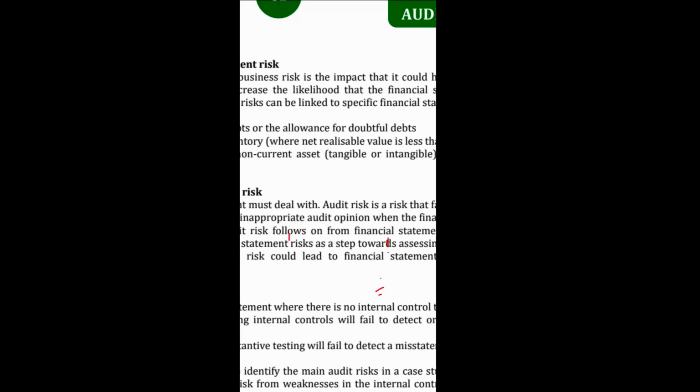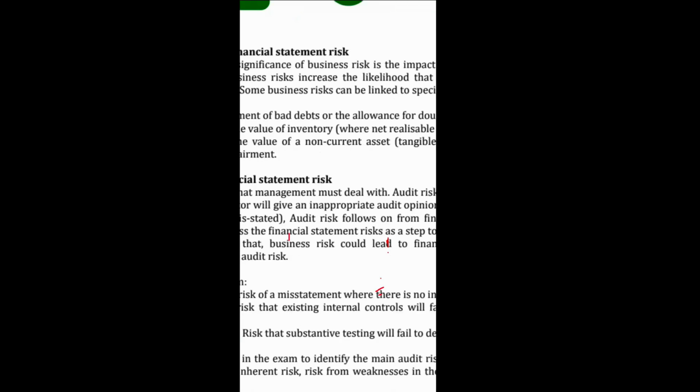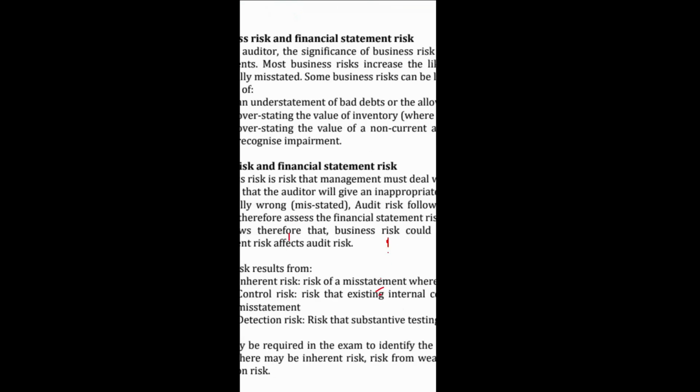So that risk is called the financial statement risk. That is, there is information in the financial statement that is unknown to the auditor, because one way or the other, they have misrepresented or misclassified the information. So we call it what? Financial statement risk. That is the risk that there is misstated information in the financial statement.